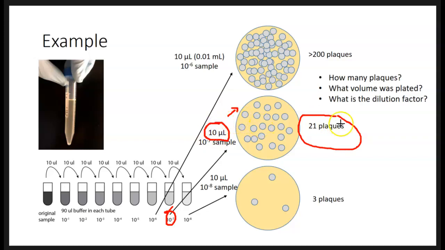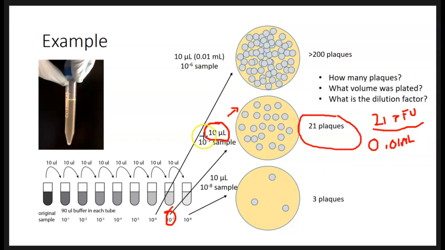And so that 21 PFU was in 10 microliters, or 0.01 milliliters of sample. So there are 21 plaque-forming units per 0.01 milliliters of sample in this plate.